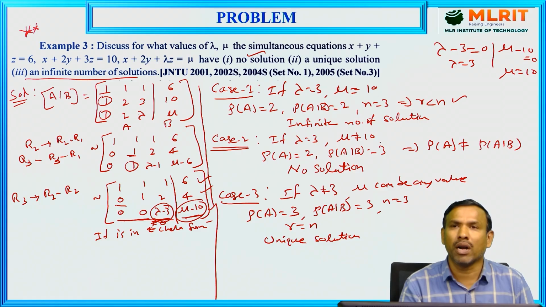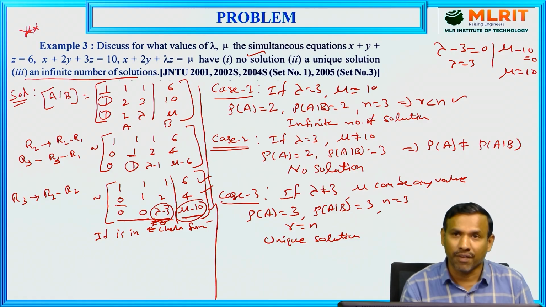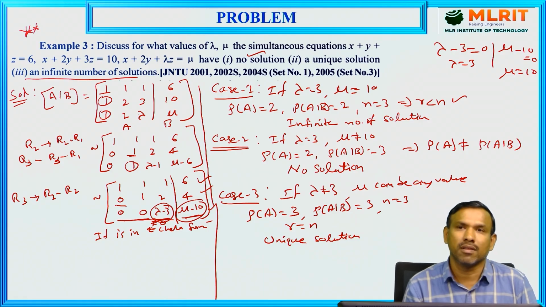Lambda is equal to 3, mu not equal to 10: rank of A is 2, rank of A by B is 3, which are not equal, so no solution. Lambda not equal to 3: the last row becomes non-zero, rank of A is 3, rank of A by B is also 3, unknowns also 3, so rank equals n and the system will have a unique solution. So clearly we can say for what values of lambda and mu the system will have different types of solutions.